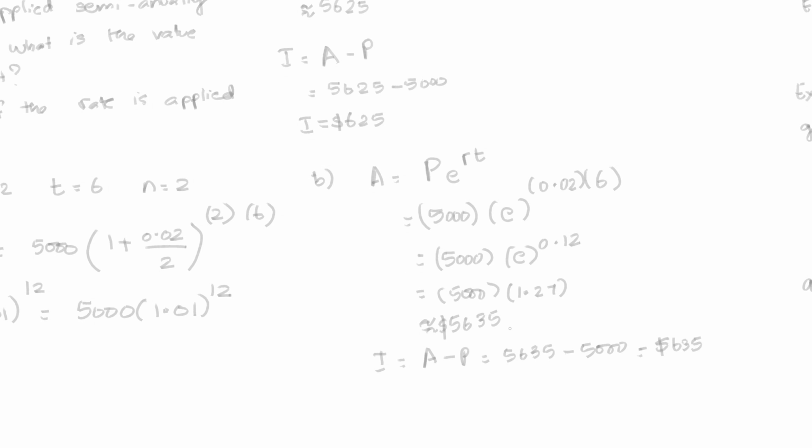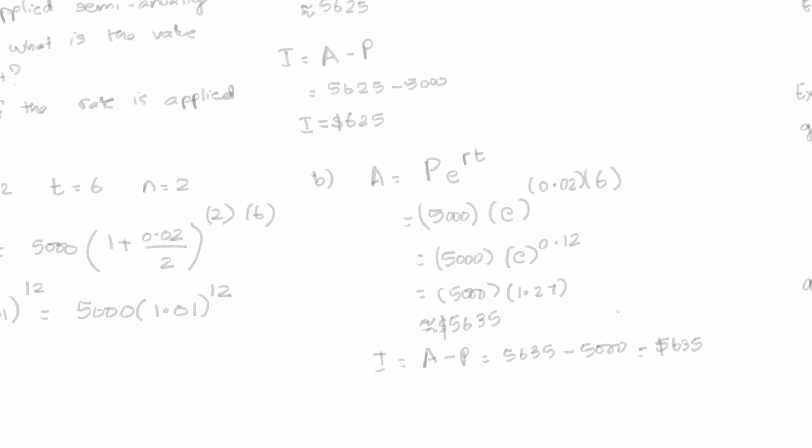So what does this tell us? This tells us the maximum amount of interest in this scenario when you borrow $5,000 at a rate of 0.02 for a term of 6 years. The maximum interest you will owe would be 635. Could it be less? Yes, it could be less by changing the number of times you apply the interest, but it could never exceed it.